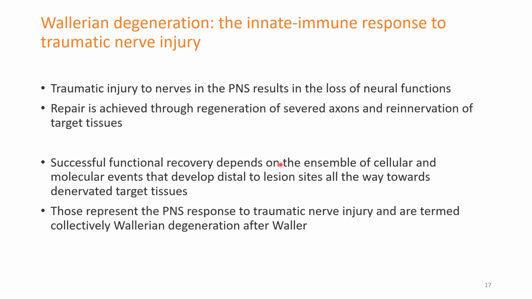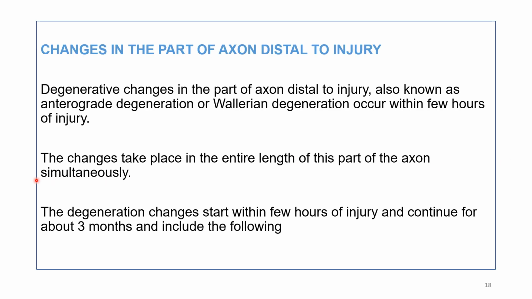So, what are the events which are taking place in the axon which is distal to the site of injury? All these events will be included in the Wallerian degeneration. What are the changes in the part of the axon distal to the injury? It is also called Wallerian degeneration or anterograde degeneration.